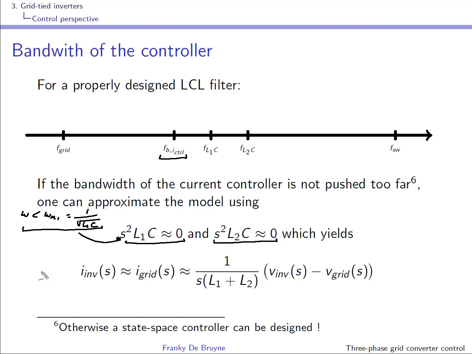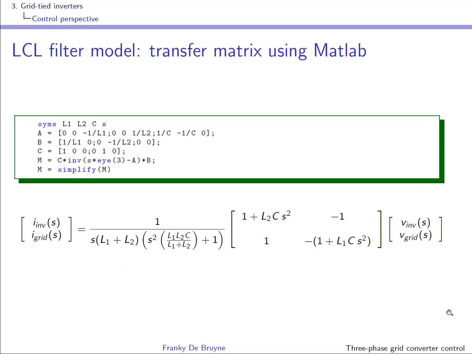And I'll show you that this leads to a very simple model where E_inf is approximately equal to E grid. So this is kind of saying that we forget about the capacitor, and if we forget about the capacitor, you have one inductance, that is L1 plus L2, okay. So this leads to this simplified model.